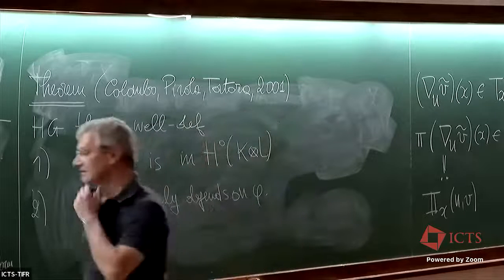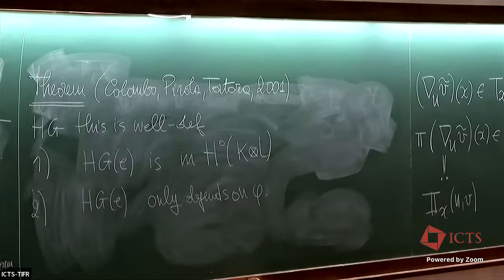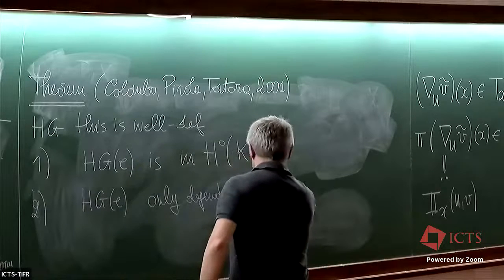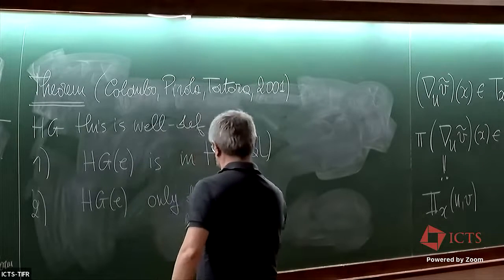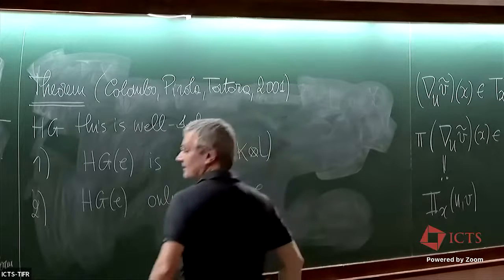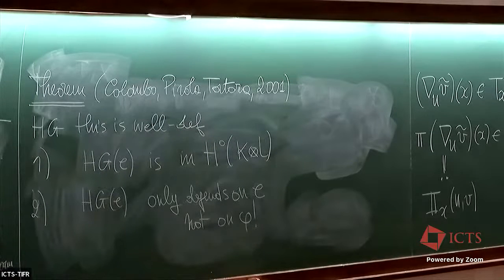And maybe it is better to stress that, so usually when one has something on E, so it does not depend on phi. Usually when one has this, one completely forgets about this part, and most of the time it is not used.